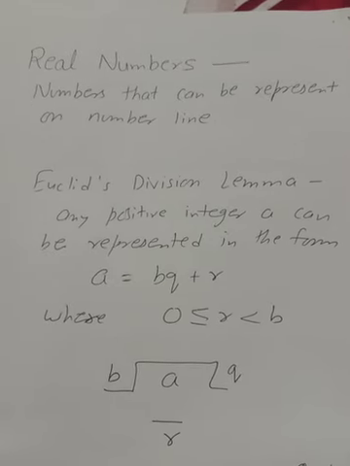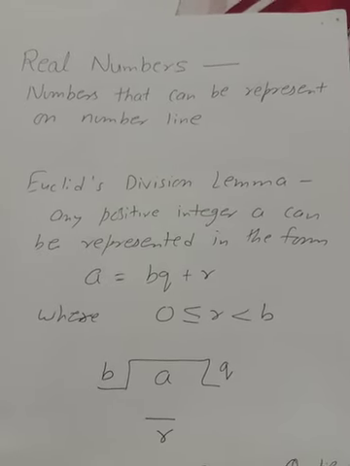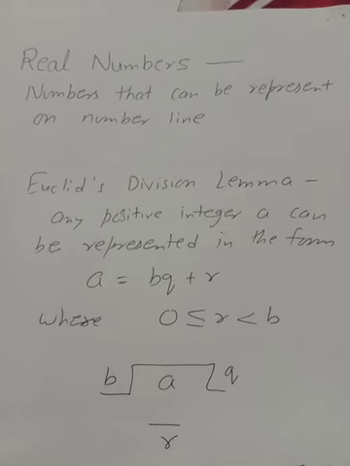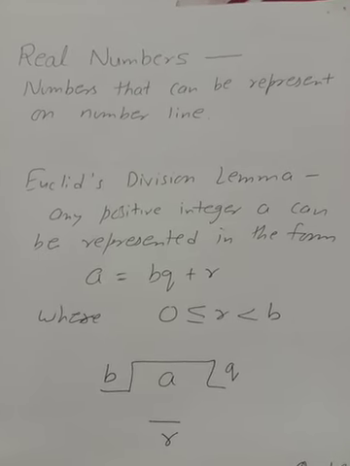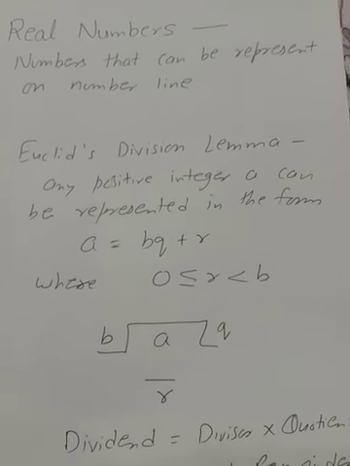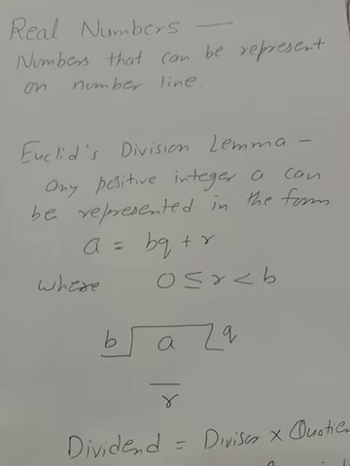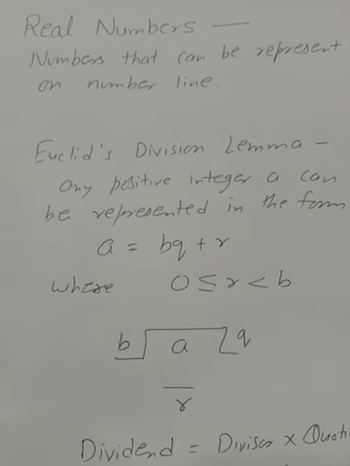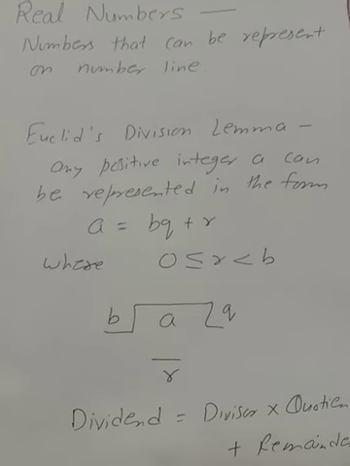So what Euclid's division lemma says is that any positive integer a can be represented in the form a = bq + r, where the remainder r is greater than or equal to 0 but less than b. This is not anything special.